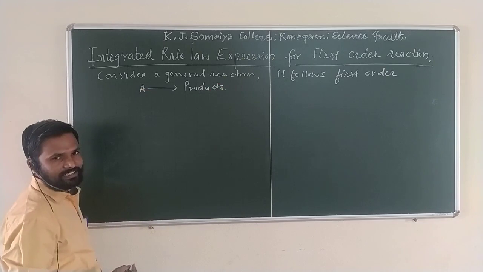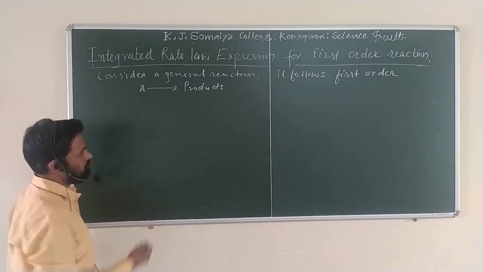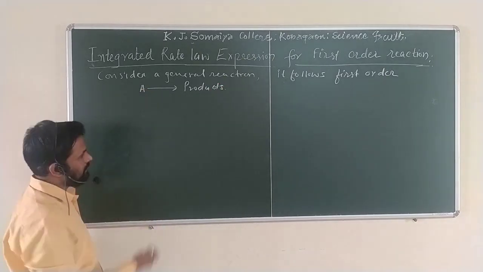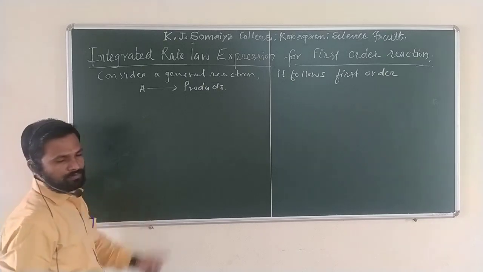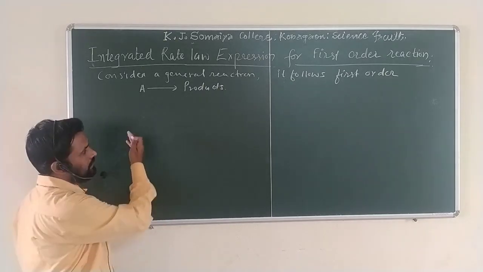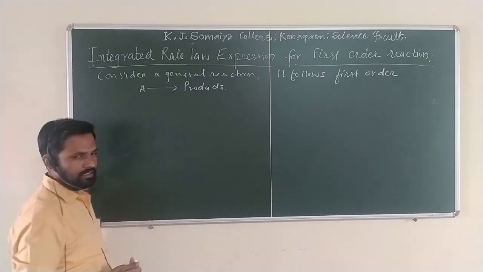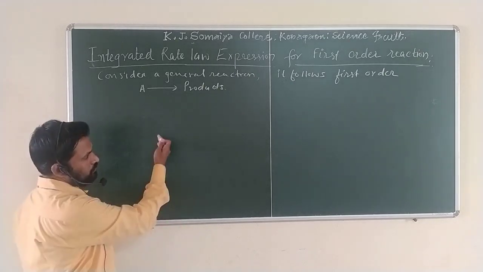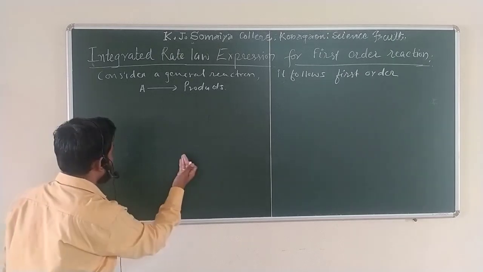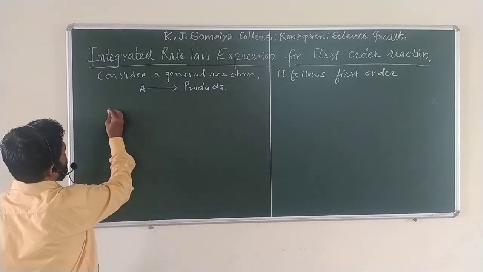Now we can write the rate of a chemical reaction. As we saw in yesterday's lecture, rate can be written in two forms: in the differential equation form and in the rate law form. So today I directly write the rate in the combined form.